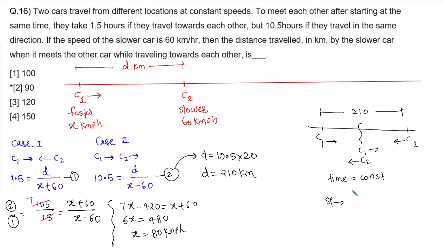So the ratio of the speed of car 1 and car 2 is equal to how much? 80 and 60, that is 4:3. So when time is constant, the ratio of distance is the same as the ratio of speed. The ratio of distance is also 4:3. So out of these 210 kilometers, how much distance is traveled by car 2? 3 out of 7 into 210. That is equal to 90 kilometers traveled by car 2.